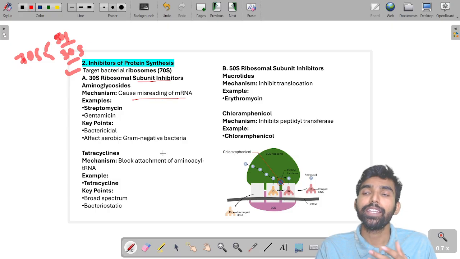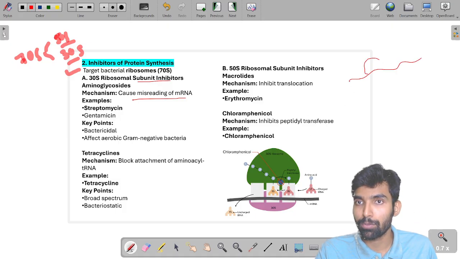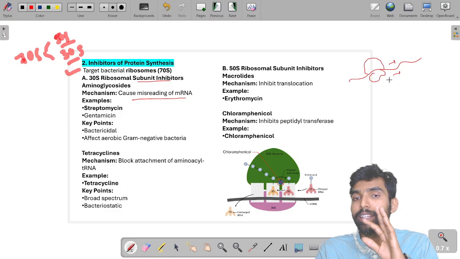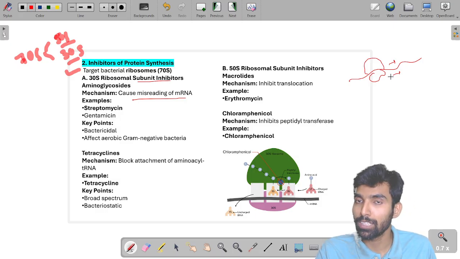In translation, the mRNA is there, the ribosome comes, binds here, and starts scanning. If the ribosome reads the mRNA wrongly, then of course the protein will not be properly synthesized, right?